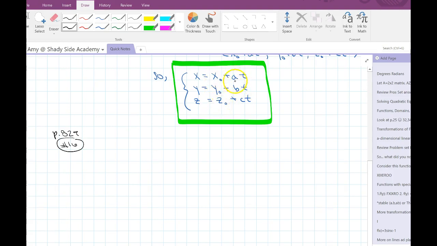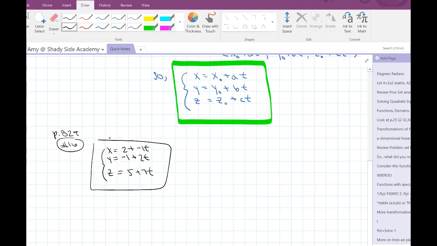A, B, C in this context are the components of the vector that you want your line to be parallel to. So the equation of this line will merely be x equals 2 plus, well, let's do this, -1t, okay? Y equals -1 plus 2t, and z equals 5 plus 7t. And there you have it.